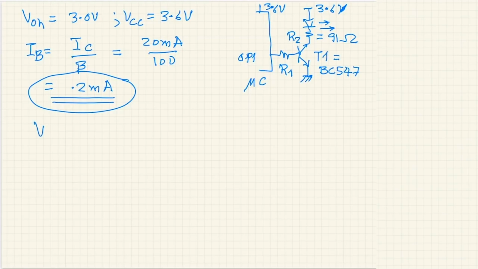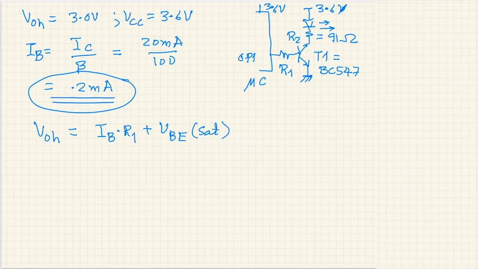So for this, VOH, that is the output high voltage, is equal to the voltage drop across R1, which is IB into R1, plus VBE saturation, because we are driving the transistor in saturation.